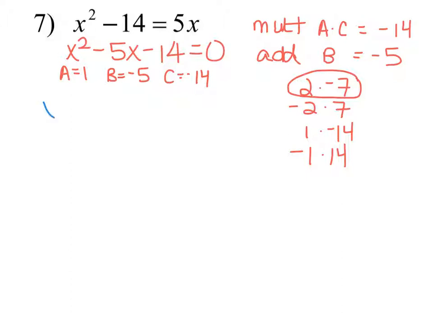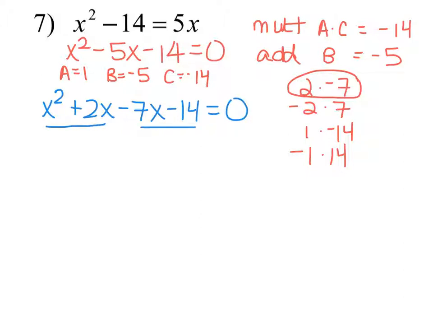So we can rewrite our equation as x squared plus 2x minus 7x minus 14 equals 0. And then if we group our terms, the first two terms we can factor out an x, and that's going to leave x plus 2. Bring down the subtraction sign.